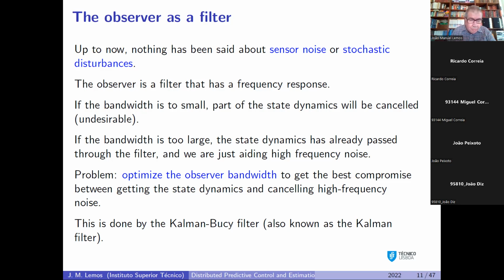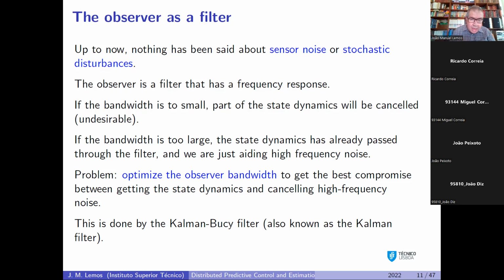So signals have a given bandwidth, and in this case, signals are shaped by the dynamics of the system, of the linear system, of the state system.